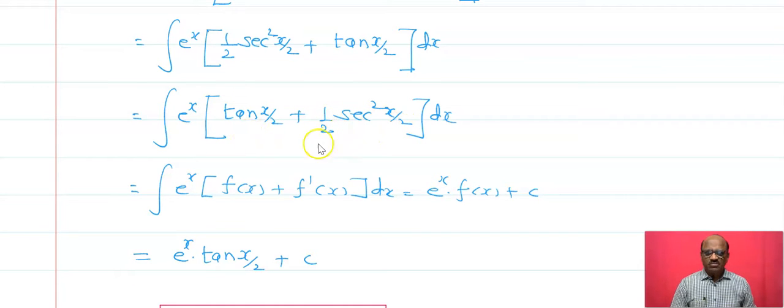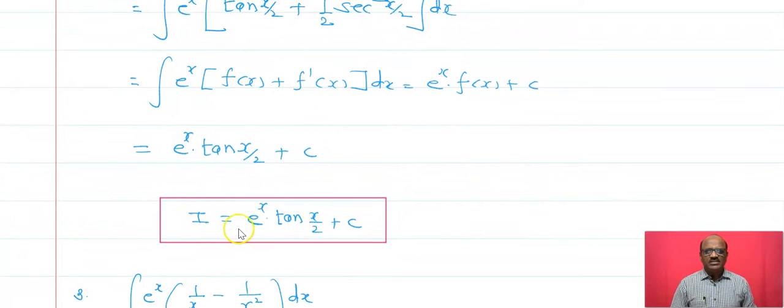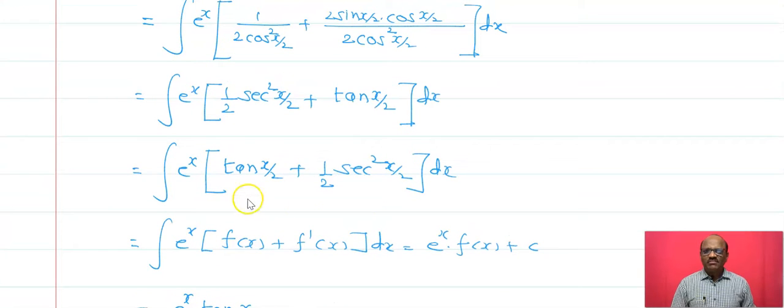Now it is of this form: integral e raised to x (f of x plus f dash of x) dx is equal to e raised to x into f of x plus c. In this case, f of x is tan of x by 2. Therefore, I is equal to e raised to x into tan of x by 2 plus c. These are simple examples, but you have to recognize what f of x is and what f dash of x is.